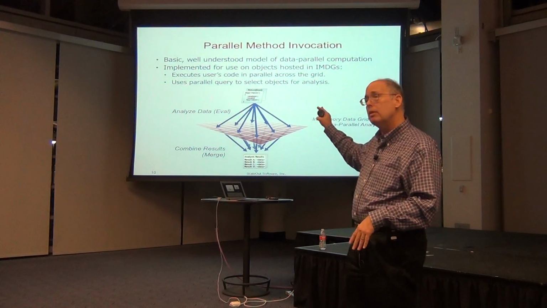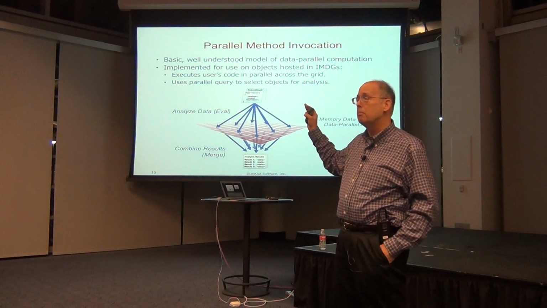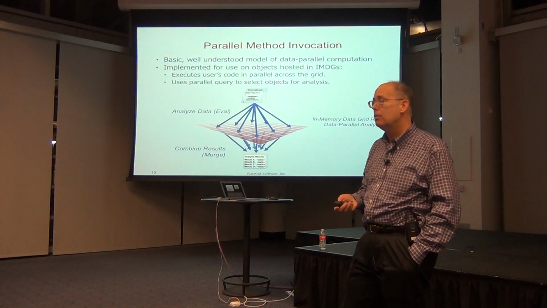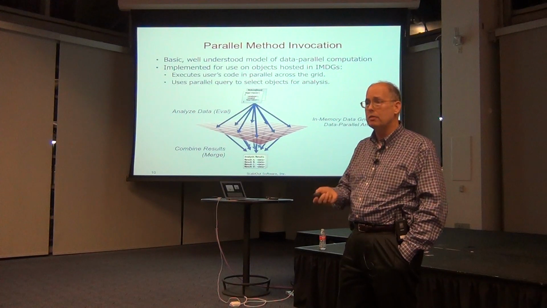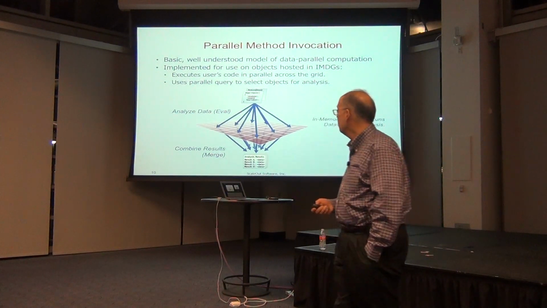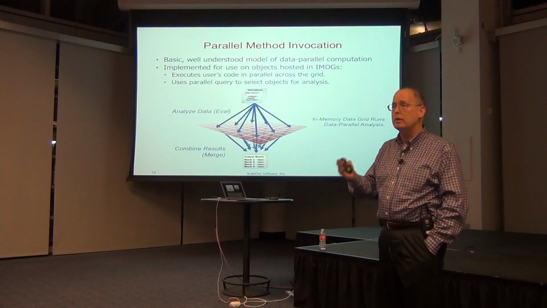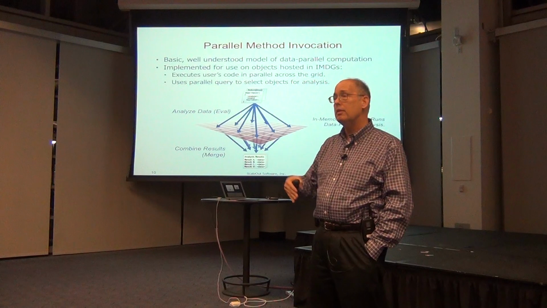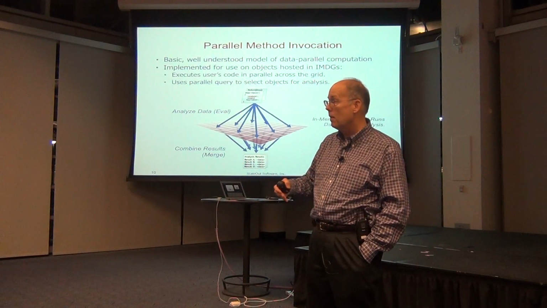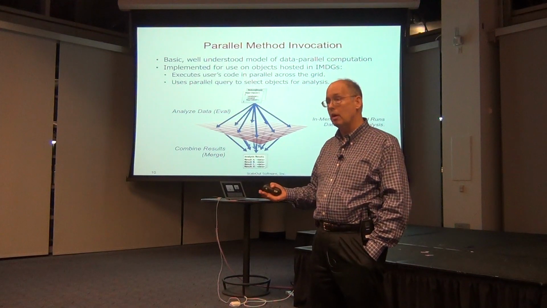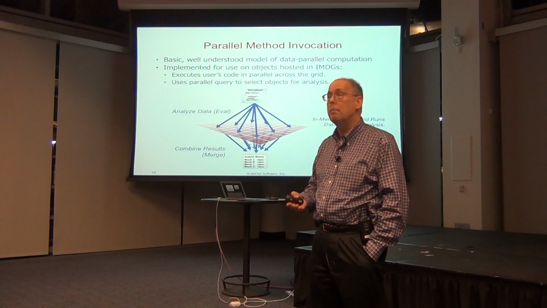In any case, we call this technique parallel method invocation, but it really is a very standard approach to data parallel computation that emerged with the MPI library back in the 90s. What we've done is put an object-oriented spin on it, because the data in the grid is object-oriented. We're storing instances of Java objects or C# objects, referenced either directly with key values or through parallel query.